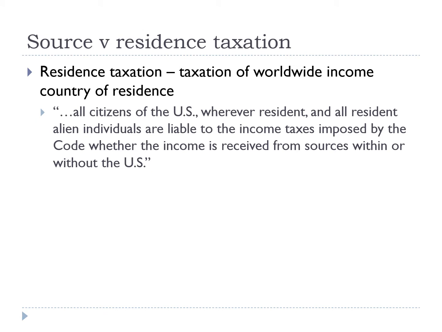Under the regulations, all citizens of the United States, wherever resident, and all resident alien individuals are liable to the income taxes imposed by the U.S. Code, whether the income is received from sources within or without the United States. The same rule applies to domestic corporations.